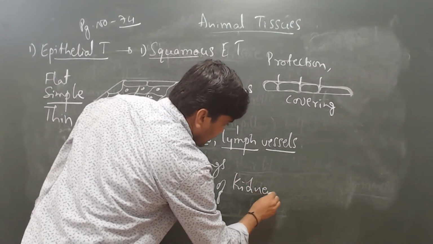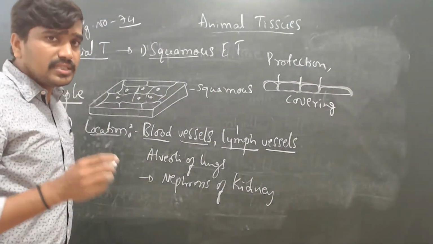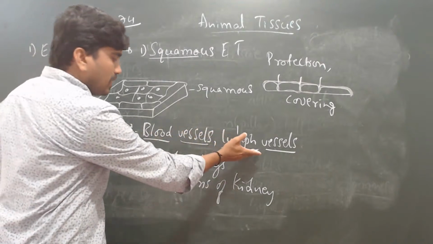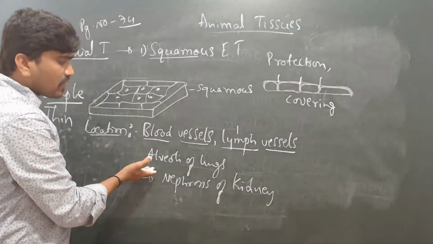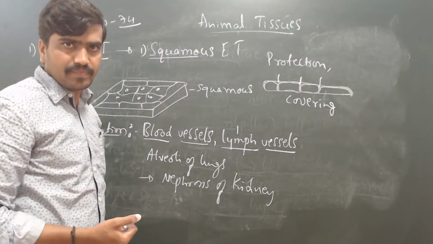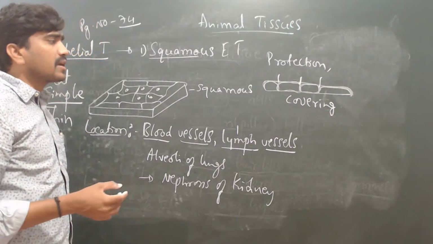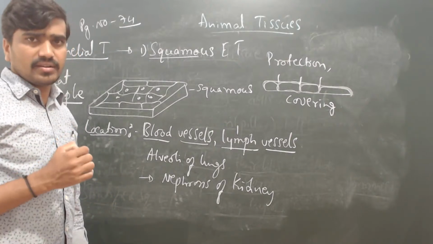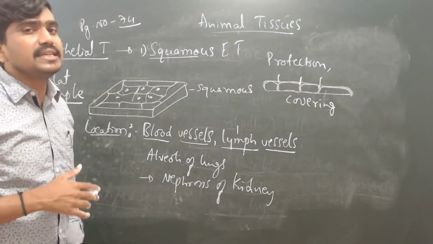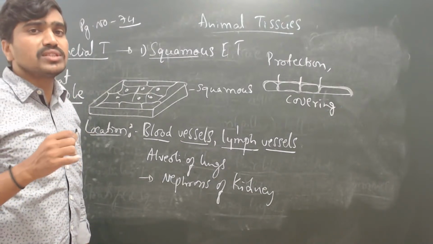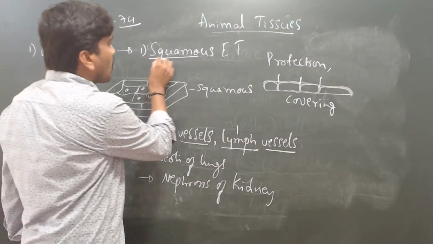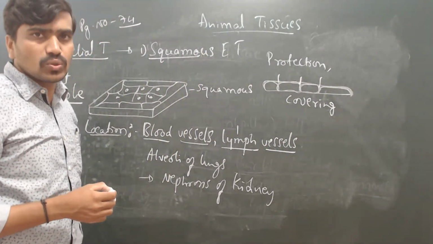These parts contain flat, simple and thin structure. Which type of tissue contains flat, thin and simple cells? That one is squamous epithelial tissue.